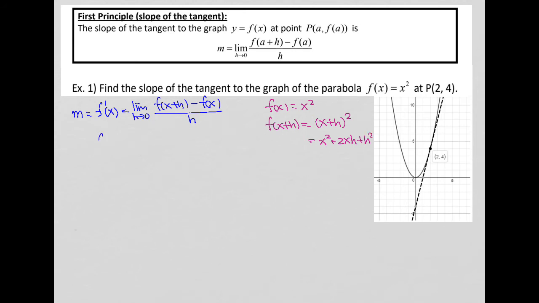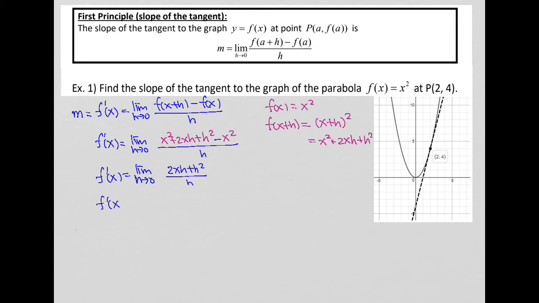And let's substitute in. x squared plus 2xh plus h squared minus x squared, divided by h. And let's simplify the numerator. As you can see, they have h in common in the numerator.